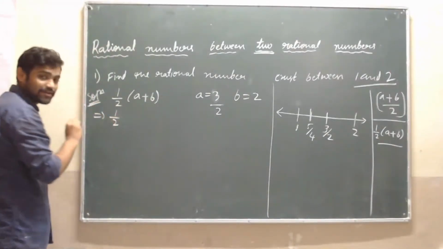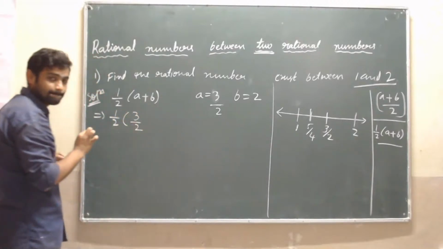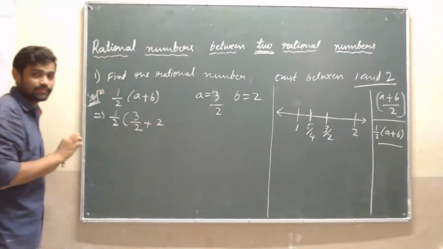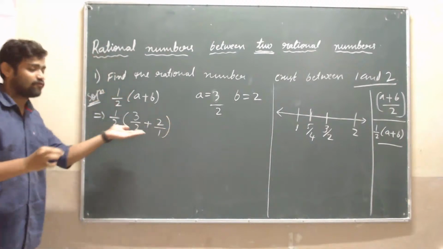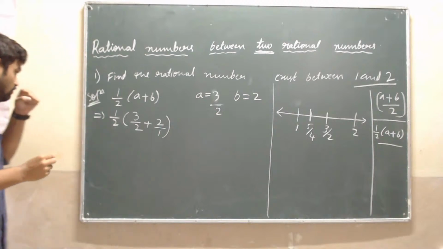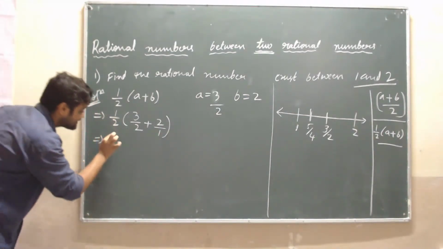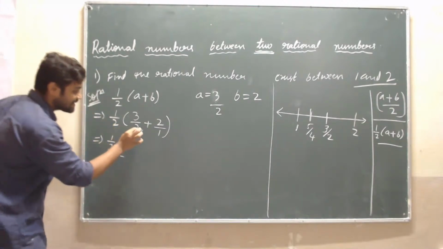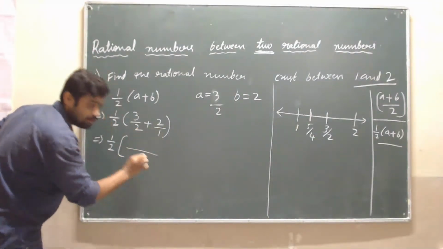As it is, 1 by 2, and the a value is 3 by 2. The b value is 2. Shall I write 2 as 2 by 1? Because it will be helpful for taking the LCM of these two numbers. Then 1 by 2 here, and take the LCM: multiply denominator to denominator, 2 ones are 2.